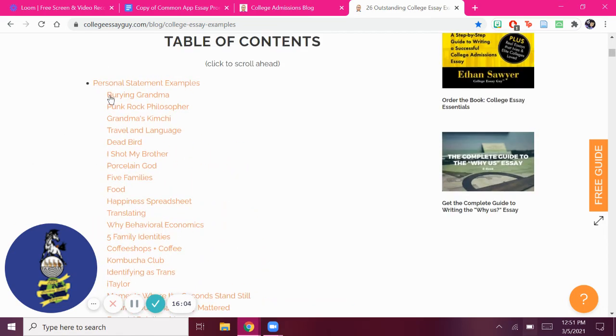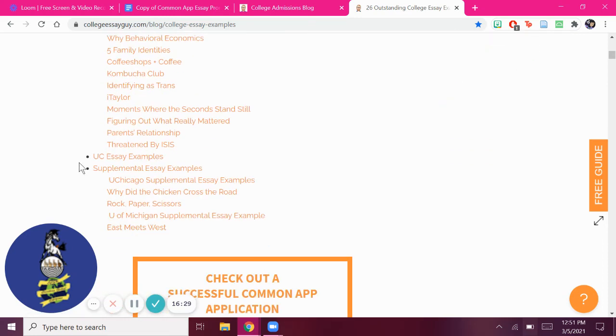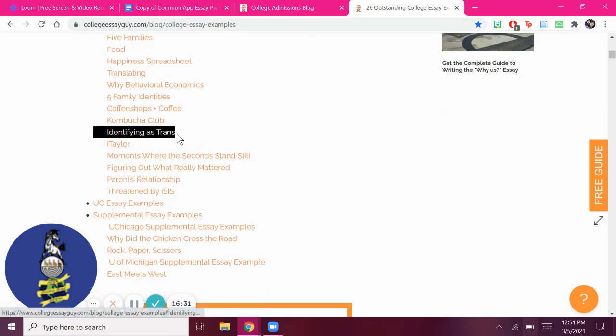So, for example, an event that might have impacted you significantly was burying grandma, or you could talk about your identity, like punk rock philosopher, an interest like food, or a particular idea that you had that you went through with that impacted you, like the happiness spreadsheet. And again, identity, such as identifying as trans.